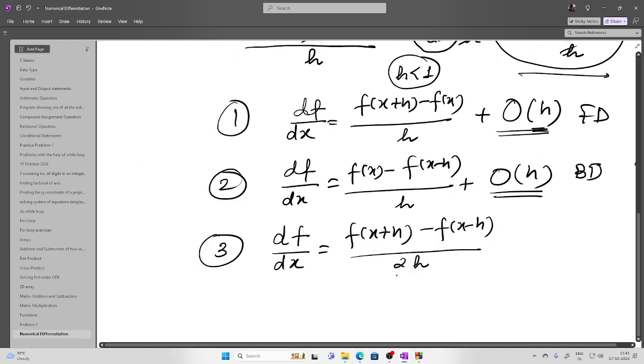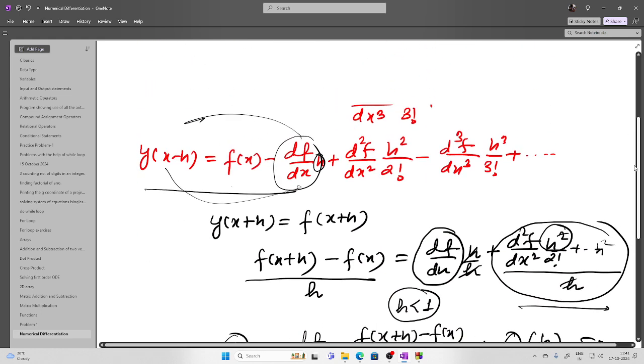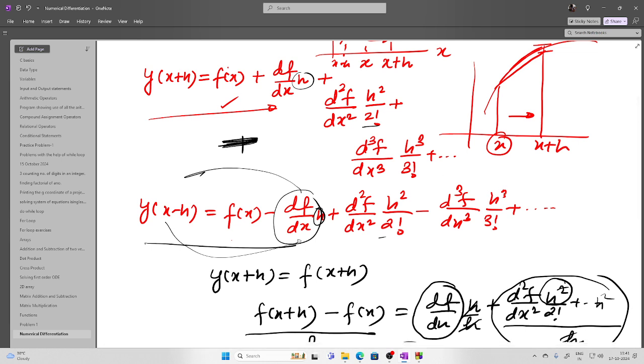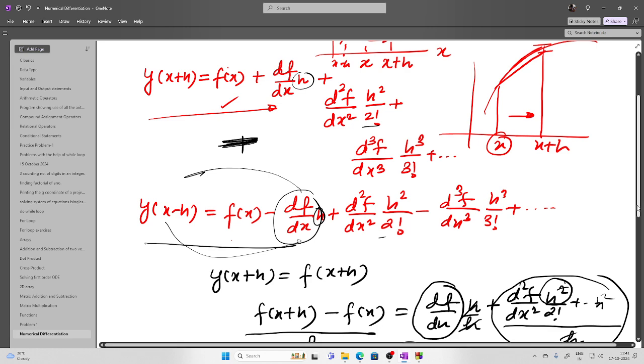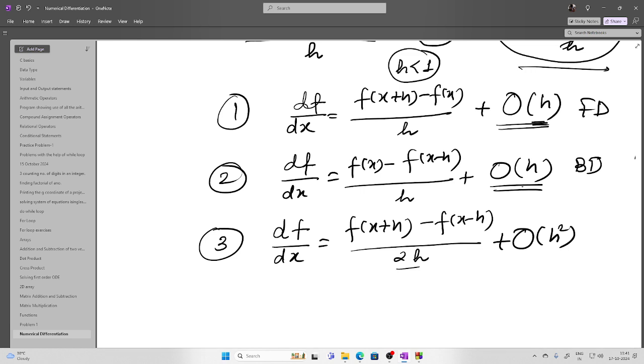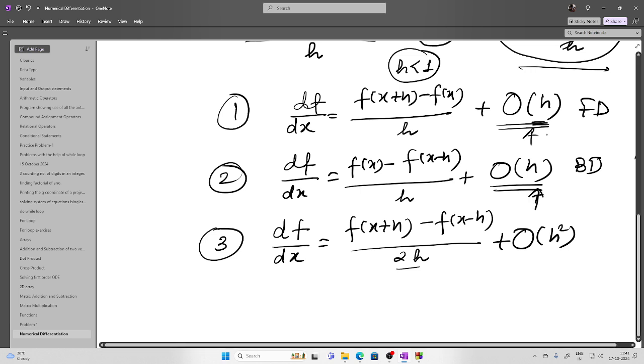And the h square term will cancel out, but the remaining terms will be h cube, h to the power 5, then h to the power 7. So the highest order term which we truncate here is of order h square. If the value of h is 0.1, then the error will be of 0.01, which is lower in comparison to the previous two. So this is a much better approximation.